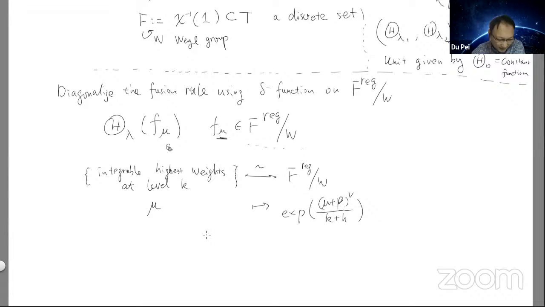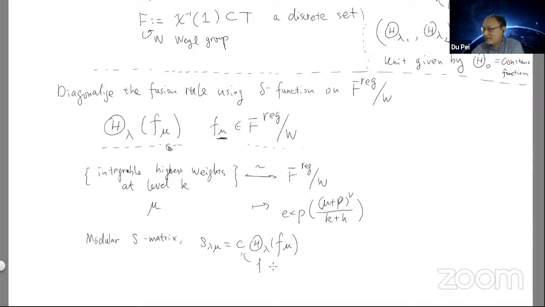And this turns out to be related to the modular S matrix. Namely, S lambda mu will be exactly some normalization factor times theta lambda evaluated at f nu.